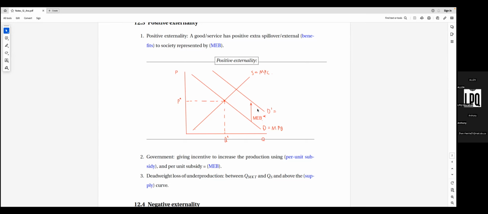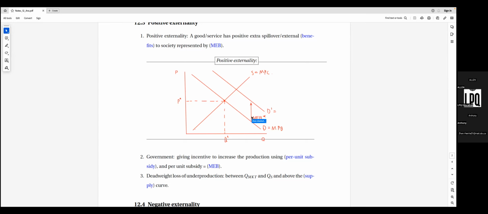So as a government, you need to do an estimation, to predict how big the external benefit is if we can encourage more people to get vaccinated.